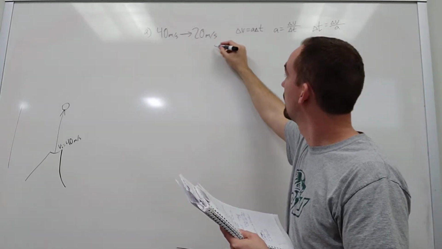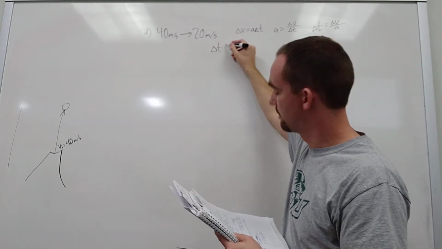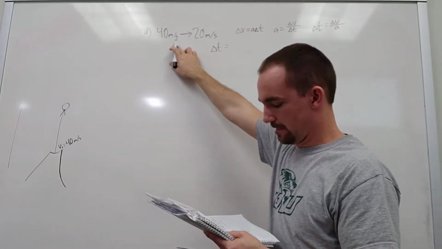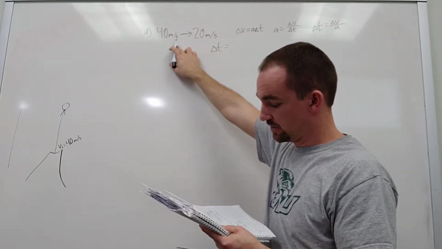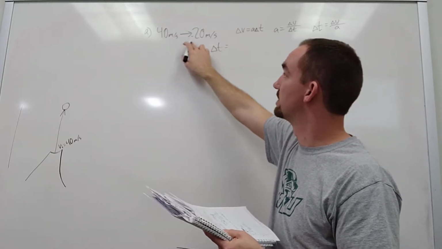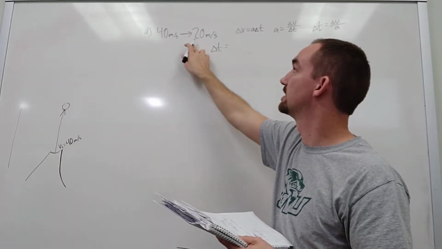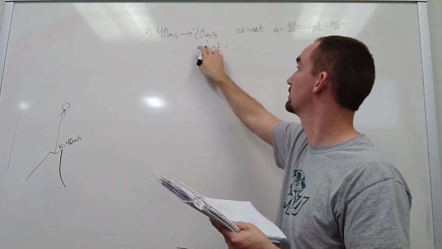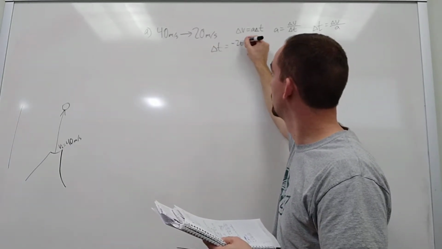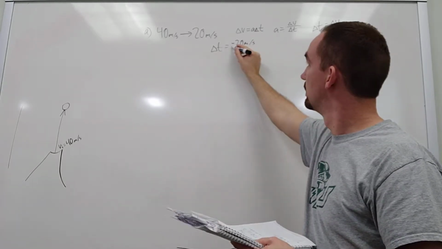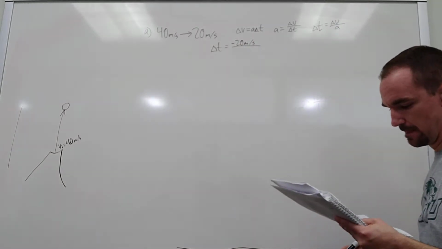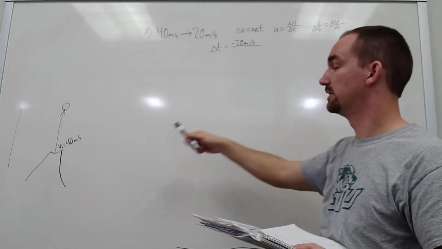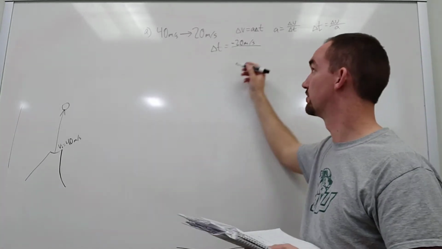Find the change in time, which is going to be the change in velocity. And the change in velocity, the difference in velocity here, was 20 meters per second. Well, negative 20 meters per second as we go in this direction. So negative 20 meters per second over our acceleration, which, the only acceleration acting on this is gravity.